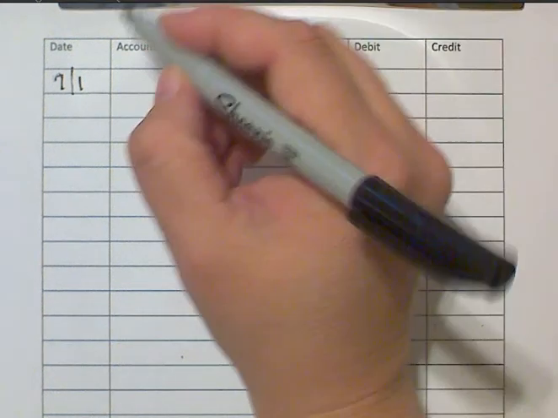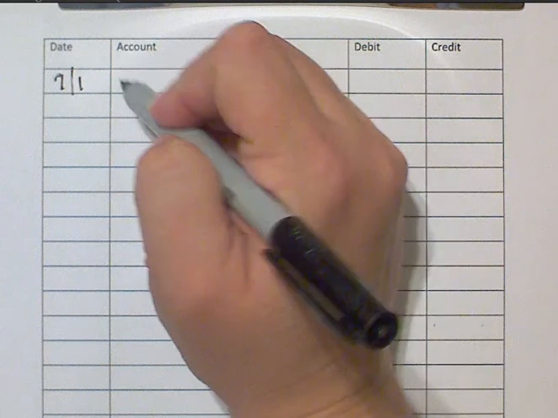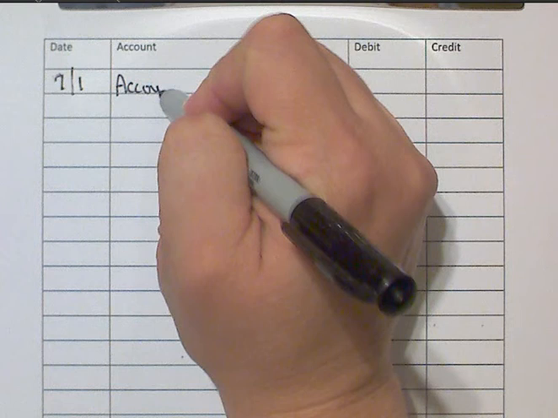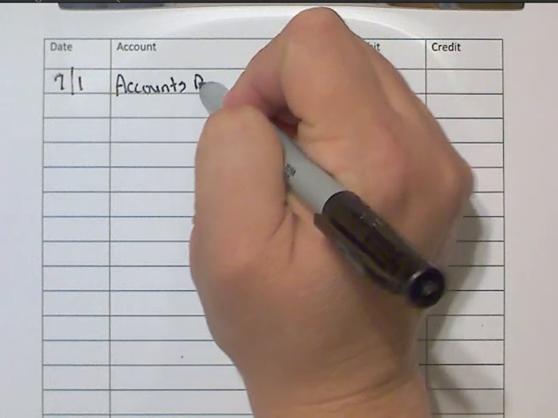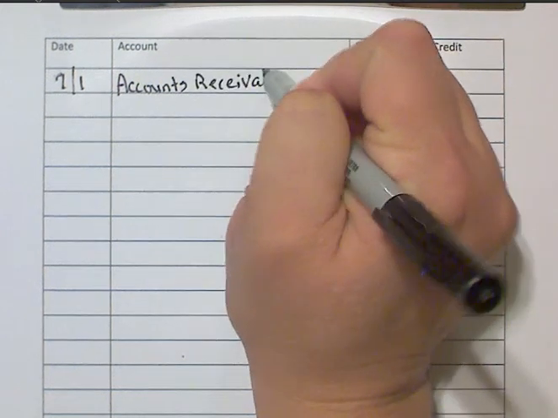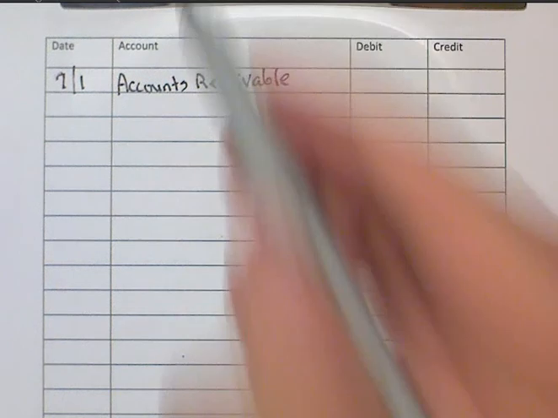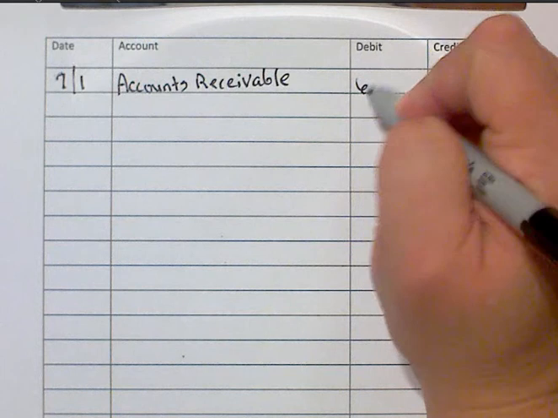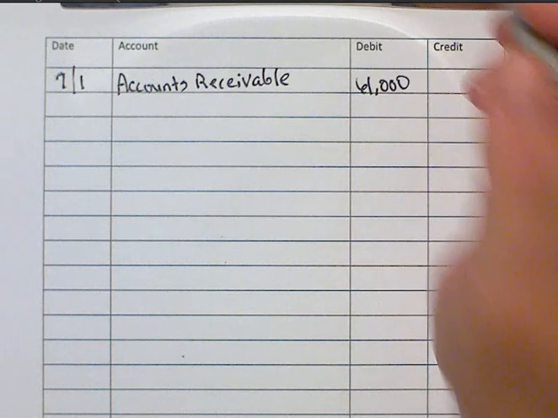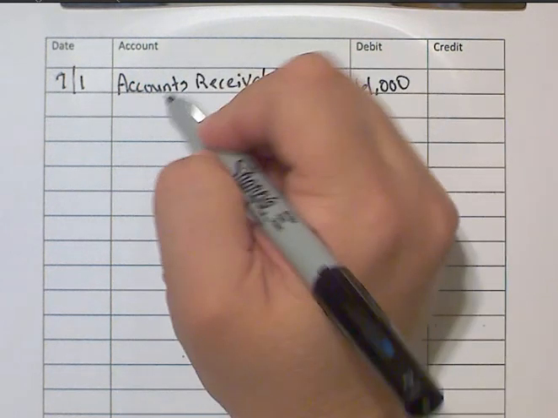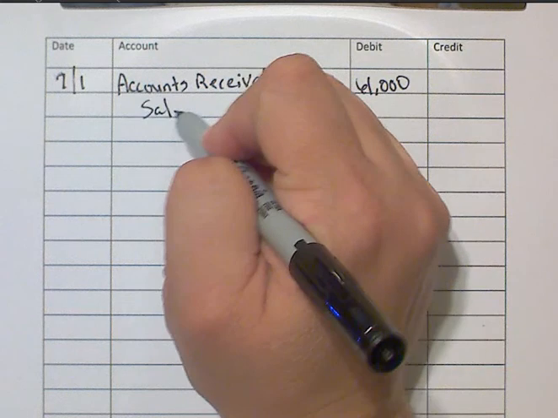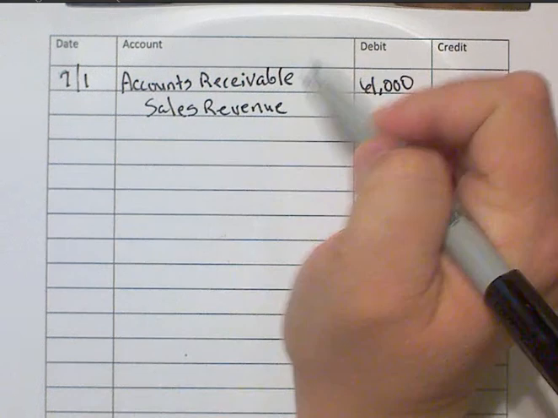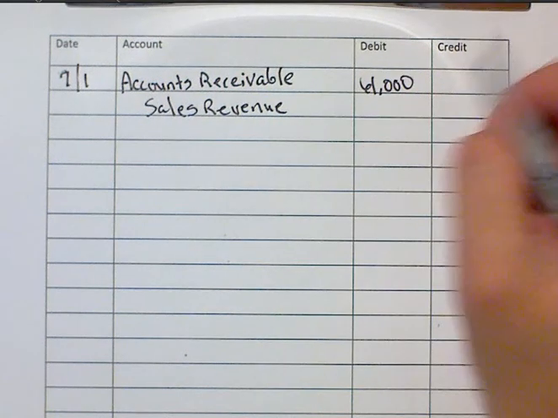So we're going to debit accounts receivable, because we're selling them on credit terms. And we're going to debit $61,000. And we've earned some revenue, so we're going to credit sales revenue or merchandise revenue or some sort of revenue account for $61,000.